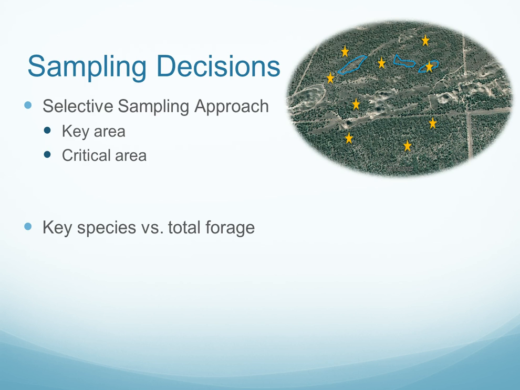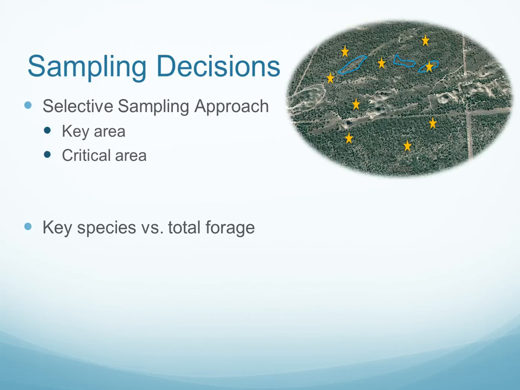We also need to make decisions on whether we're going to estimate utilization based on key species or total forage. Utilization can be measured on the total forage vegetation as a whole, but very often we focus on key species.